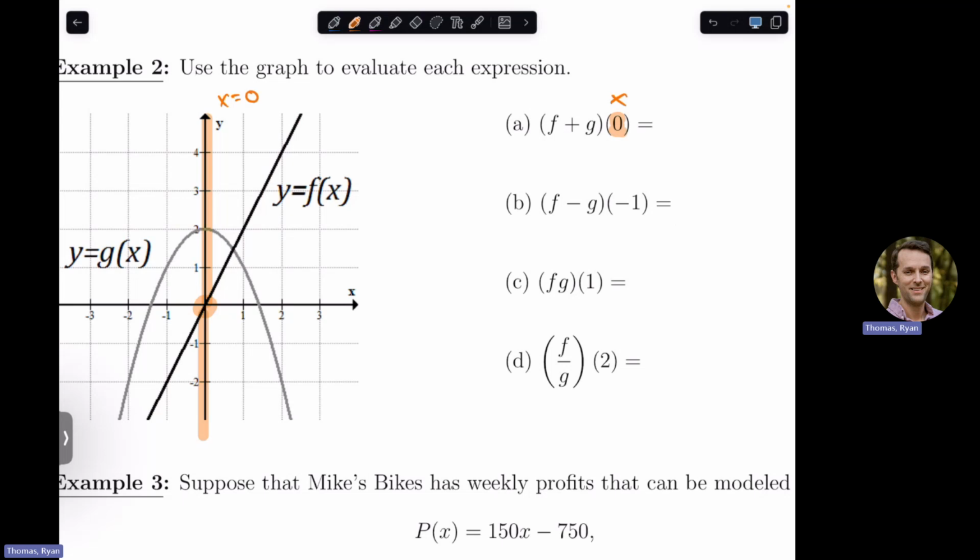So go there. That's the only thing I care about now, right? I'm only looking at that little vertical strip of the graph. That's the only place I'm interested in, because the problem said, hey, figure out what happens when x is 0. Okay, so looking in there, what do I want to find? F. What's f when x is 0? 0.